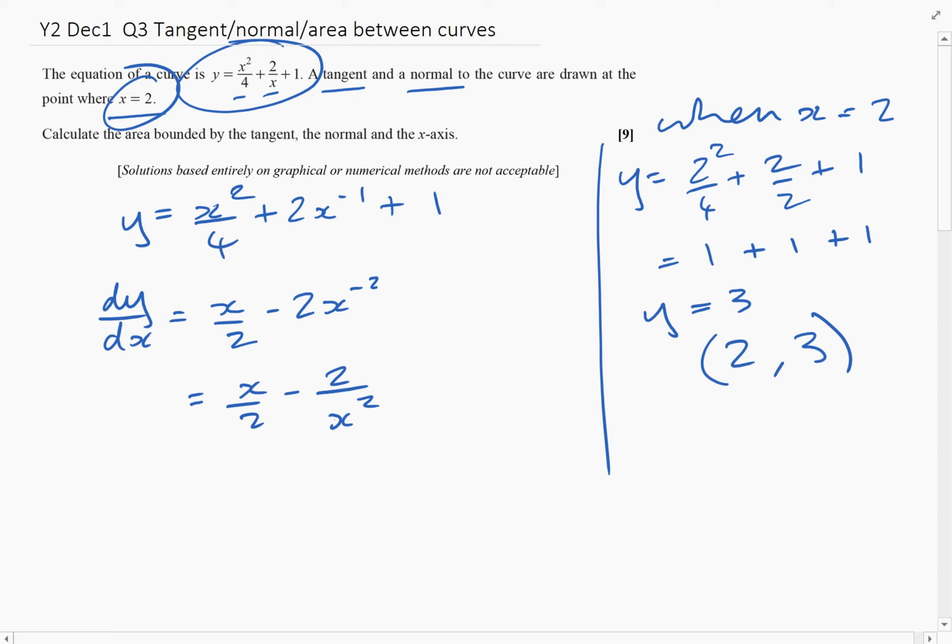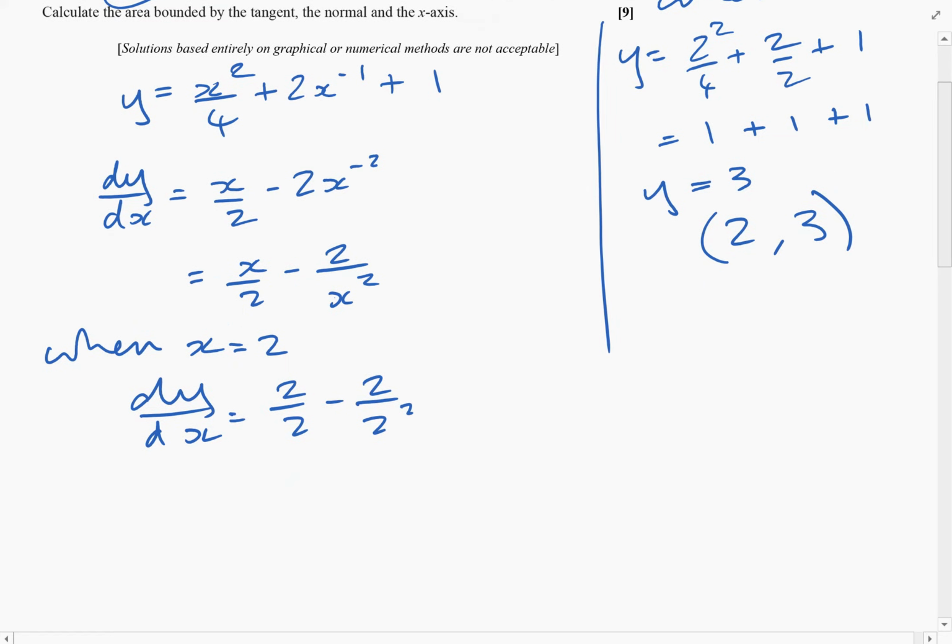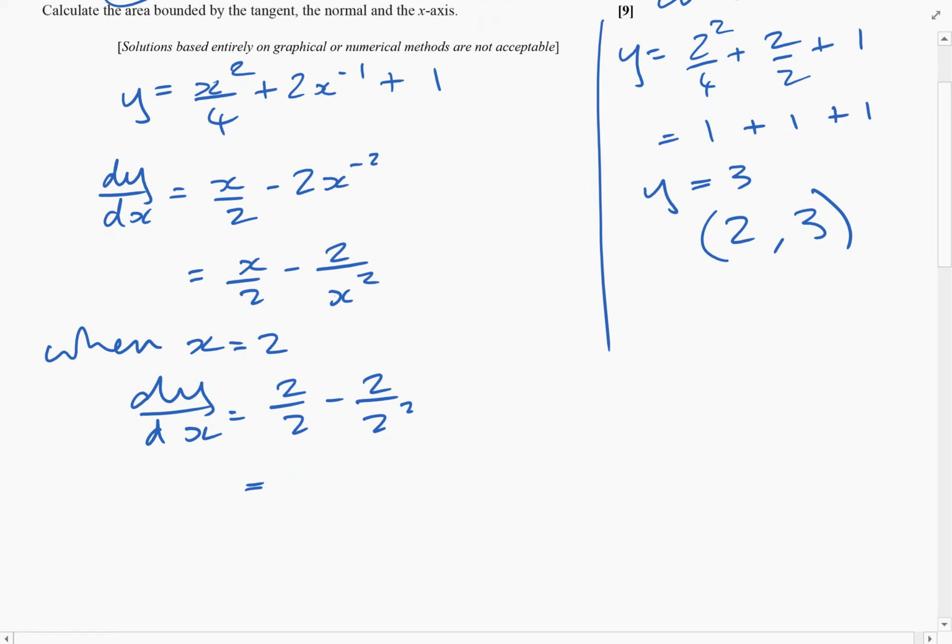Okay, going back to the left-hand side now. So when x equals 2, dy by dx is going to be 2 over 2 minus 2 over 2 squared. So dy by dx is going to be 1 minus a half, which is going to be a half.